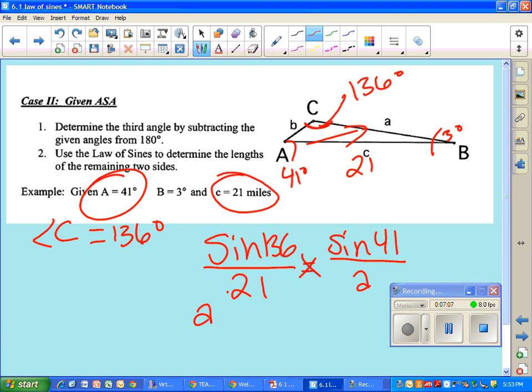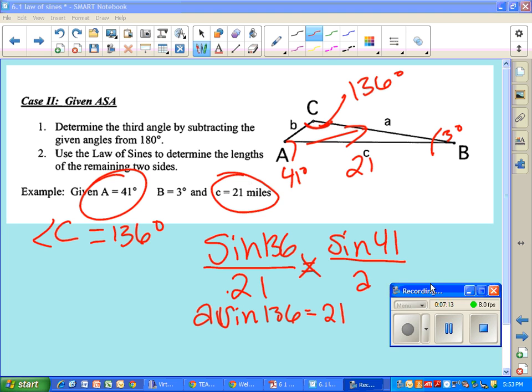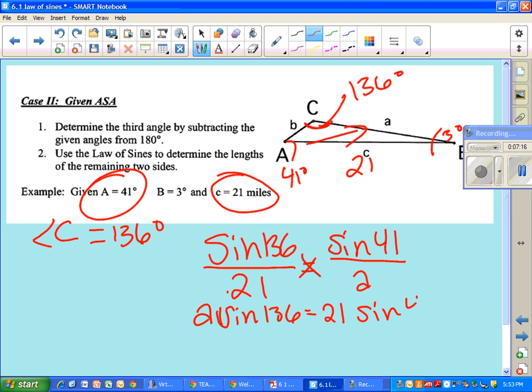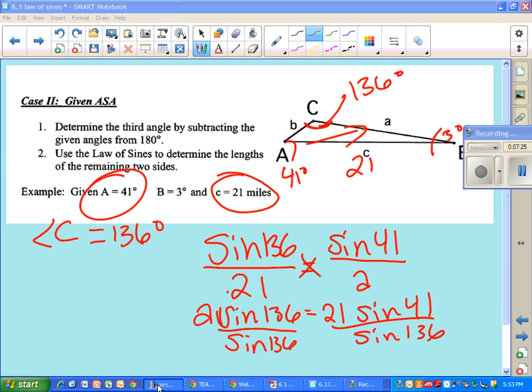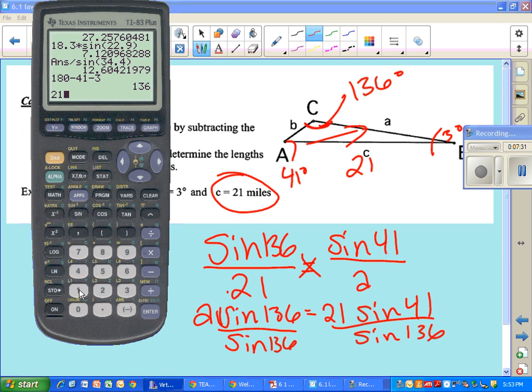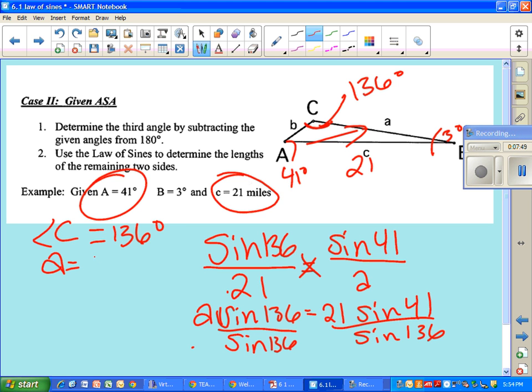Cross multiply, I have a times sine of 136 equals 21 sine 41, divide by sine of 136. Plug that into your calculator: 21 sine 41, enter, divided by sine of 136 degrees. And I get 19.8. So side length a is 19.8.